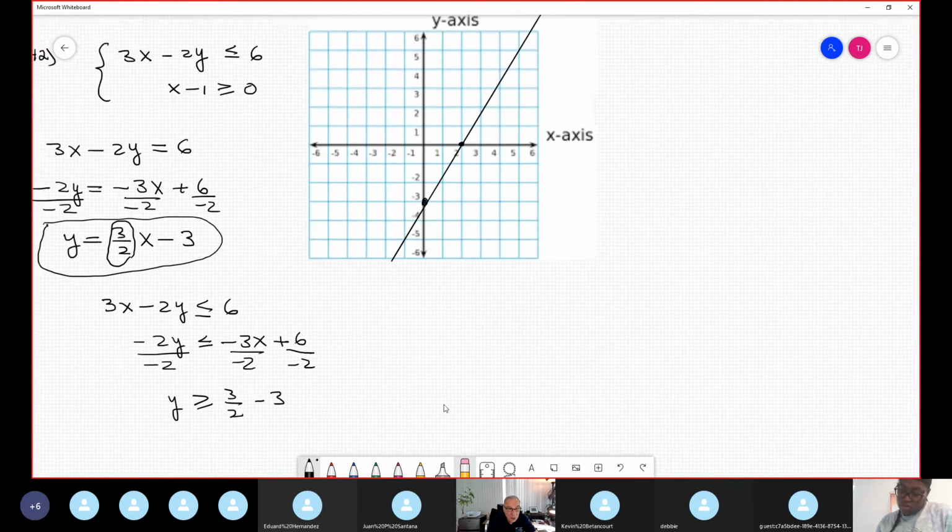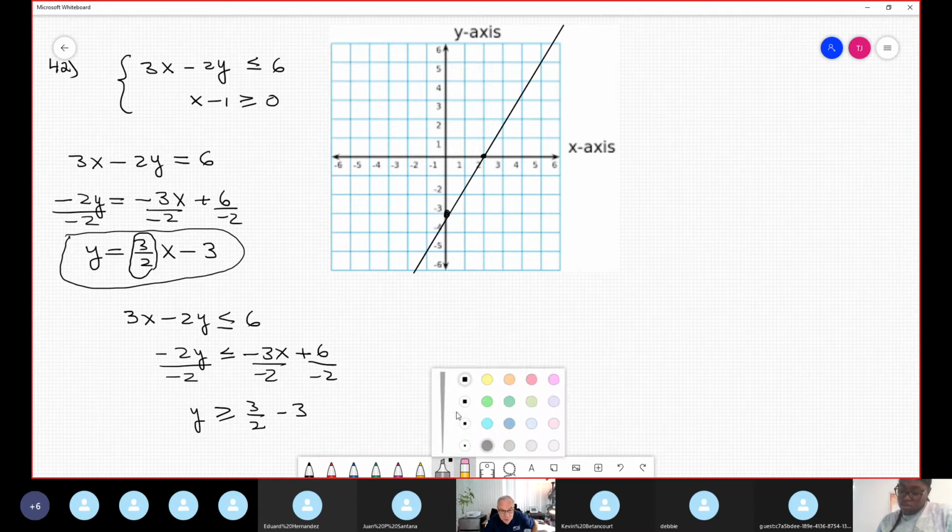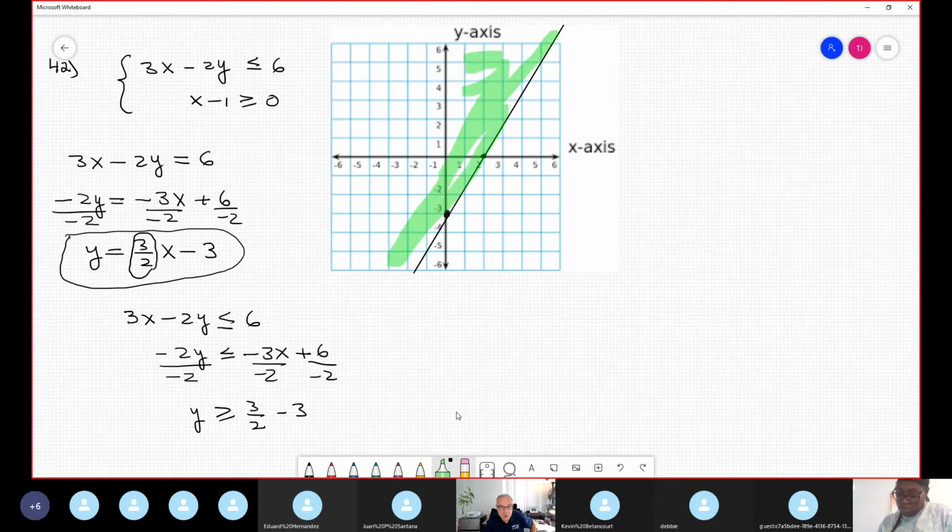After I work with the original inequality, I verify that the inequality sign is reversed, now greater than, and greater than means that you shade above the line. Okay, this is my solution of only one inequality.